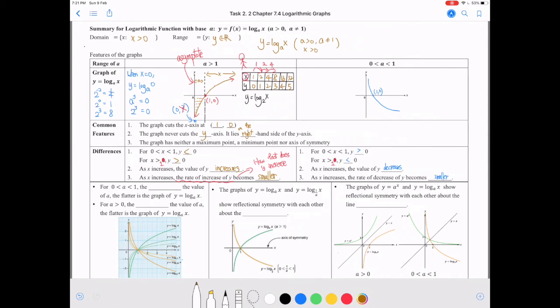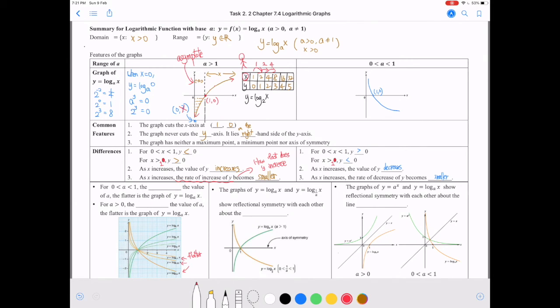If x is in between 0 and 1, we can have a look at the yellow graphs, the 3 yellow graphs: 0.1, 0.25, 0.5. Which one is the flattest one? I think it should be 0.1, right? This is flatter.